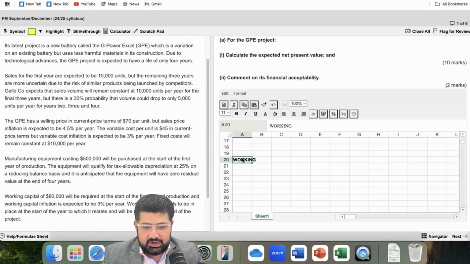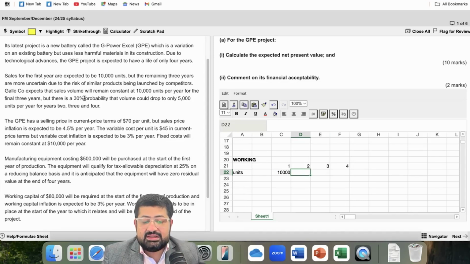So starting with the working, the first working will be that of the units. That is year 1, 2, 3, and 4. The number of units in the first year is expected to be 10,000.